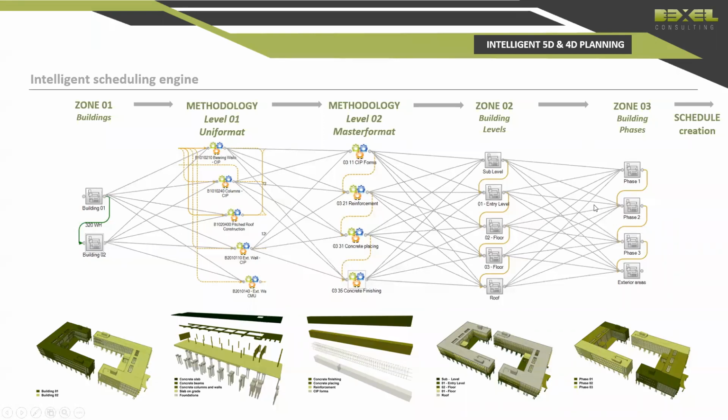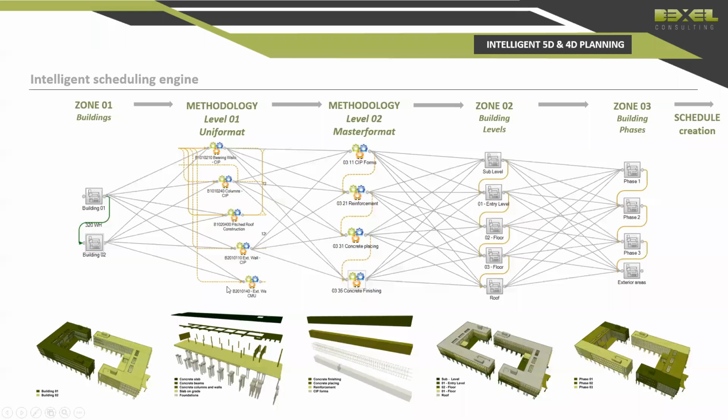Of course, if you don't have a specific task in a part of the building, the system is smart enough to automatically relink the tasks according to the lower zones of the hierarchy, and create the relations with other tasks according to your methodology.